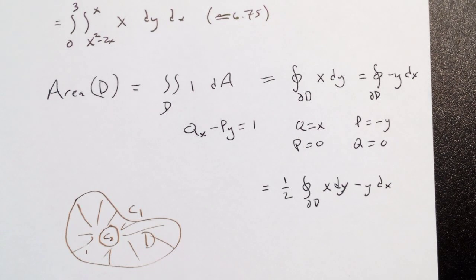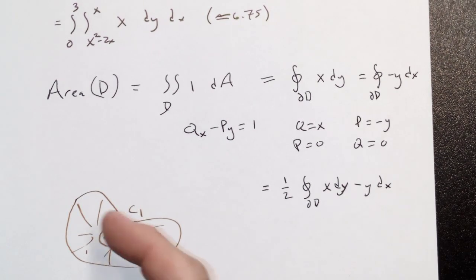Which way? Positive orientation means the region is on my left hand as I picture myself walking around that little circle.